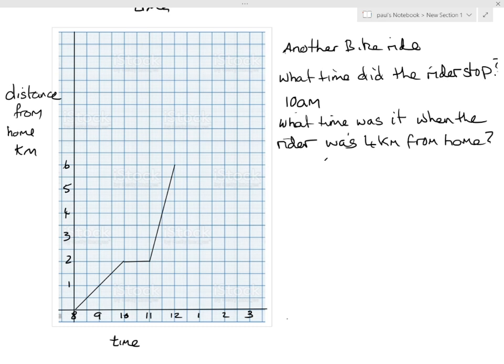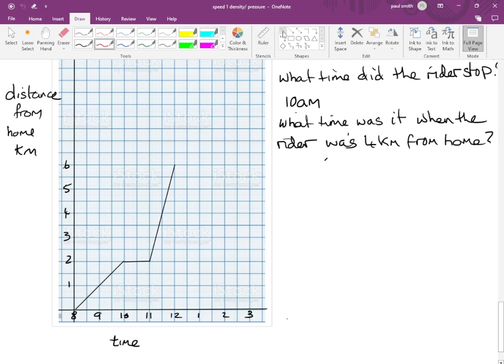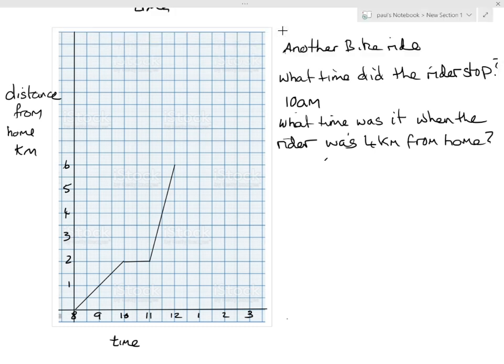So 4K, so let's do a different color. So now 4K is there. So you go along until you meet the line. And then from the line, you go straight down until it gets to there. And that is 11:30 a.m.